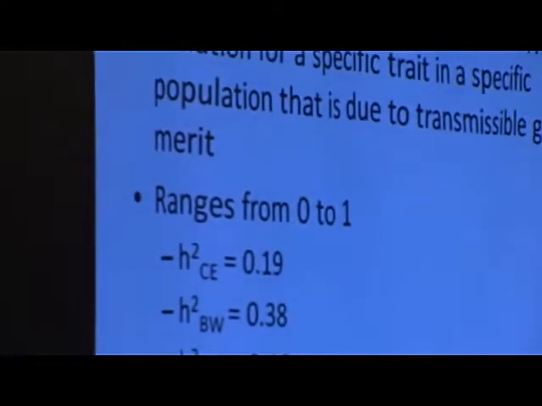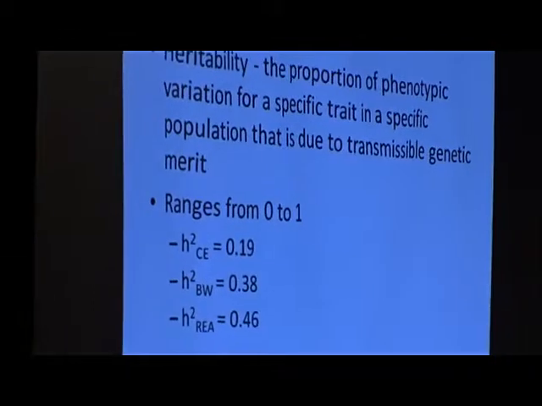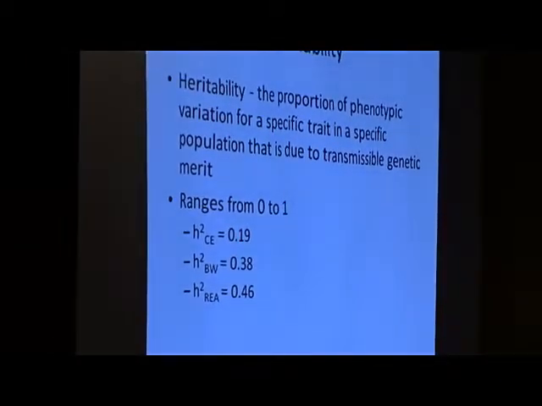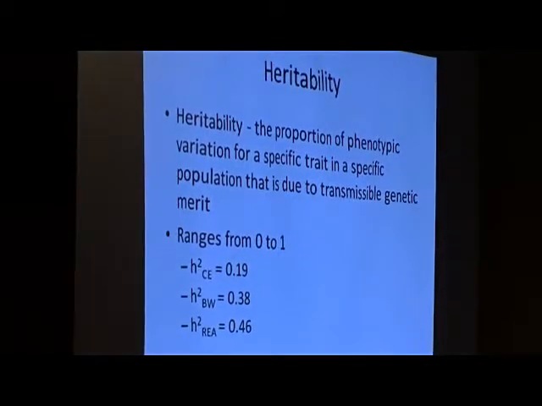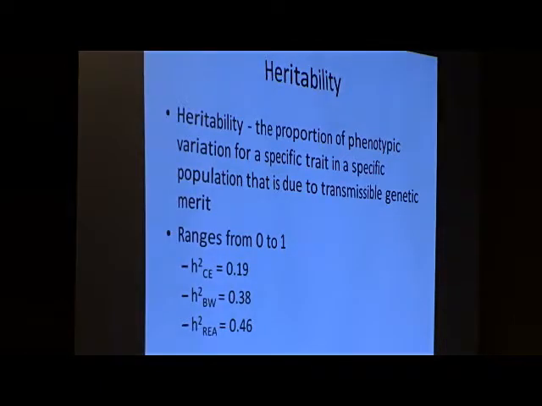And also, this whole system stems on what the heritability of the trait is. Now, the heritability of the trait is what proportion of the actual phenotype is driven by the genetics, the transmittable part of the genetics of the animals in the population. It differs across populations.